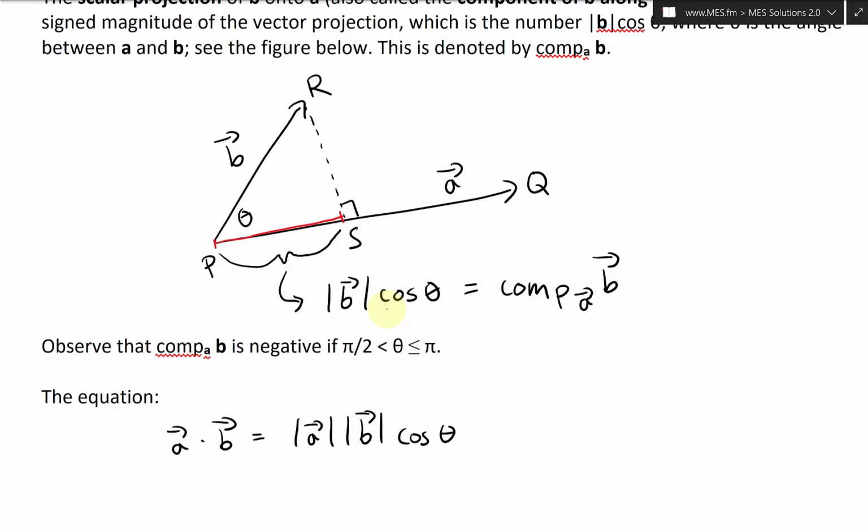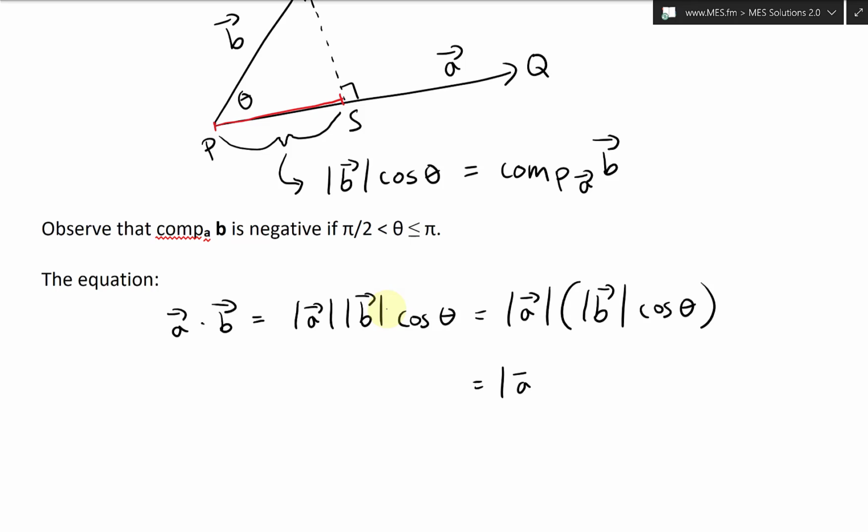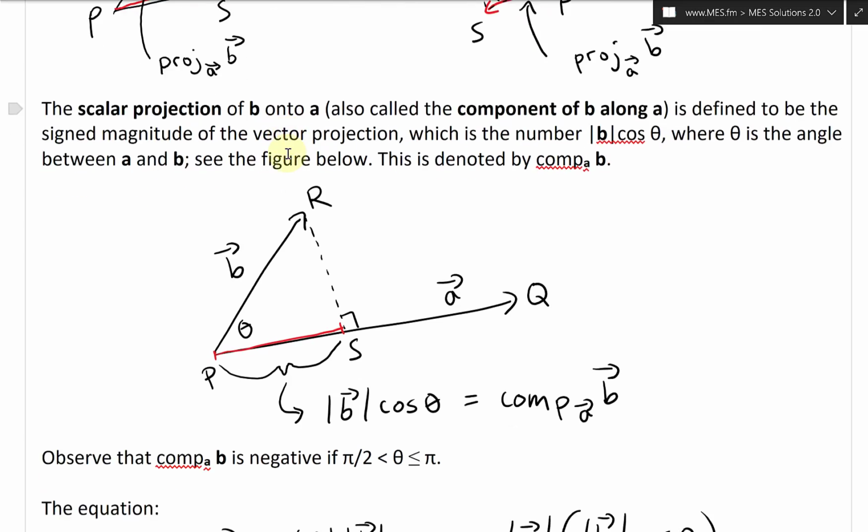In other words, we could write this like this, and then put a bracket. So this is the component. In other words, this equals the length of A times the component of B along A, or the scalar projection of B onto A.